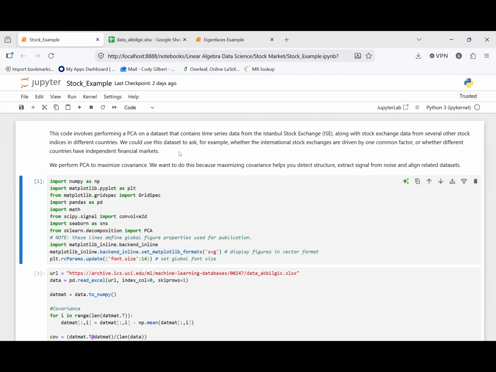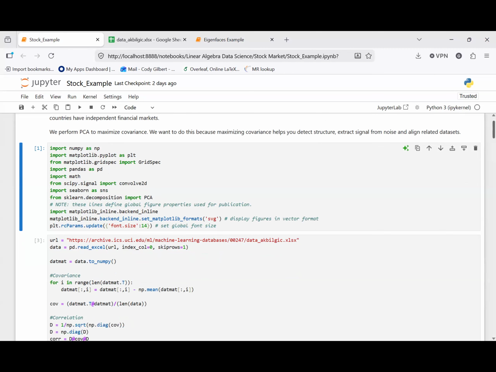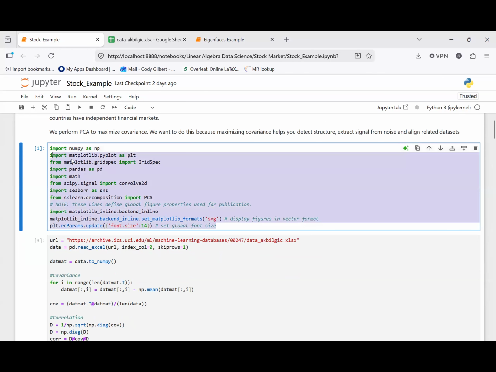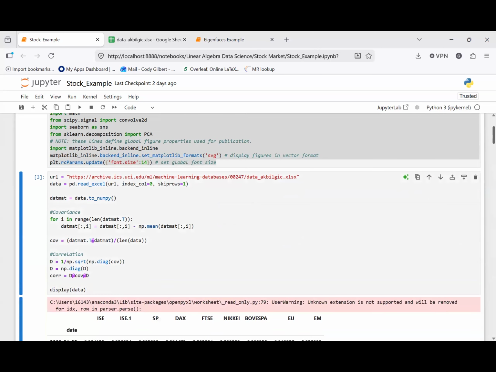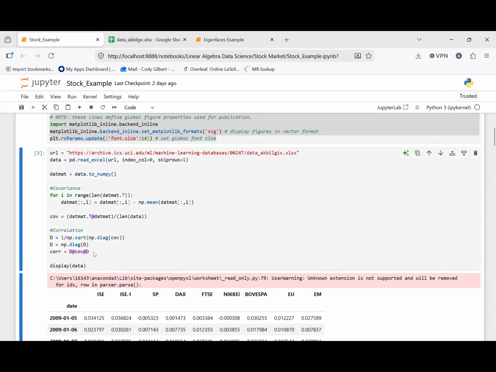There are going to be 9 markets we take into consideration in total. This first cell here is putting in packages that will allow us to do linear algebra as well as plot. This next cell, I talked about it a little bit in class on Monday, but what we were doing here was reading in the actual Excel sheet.